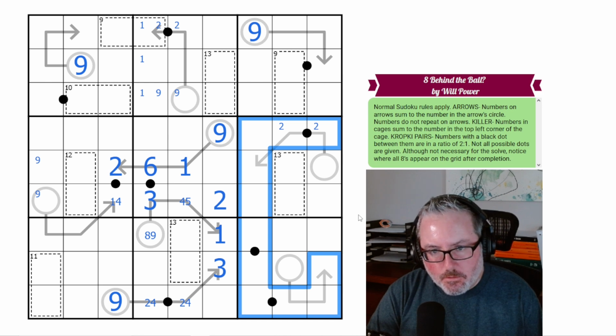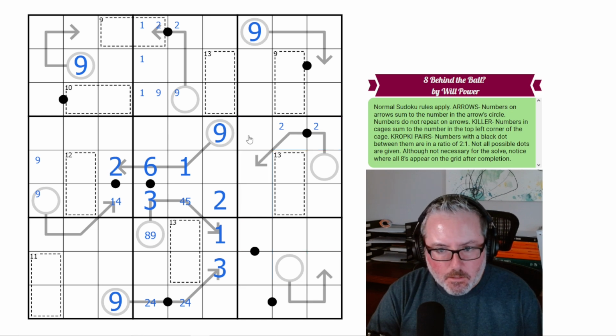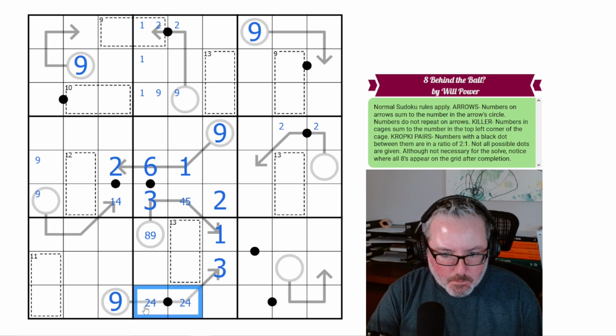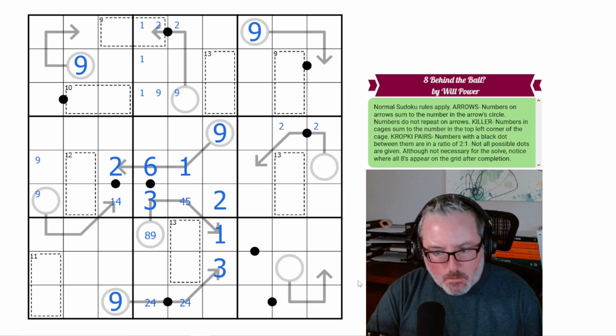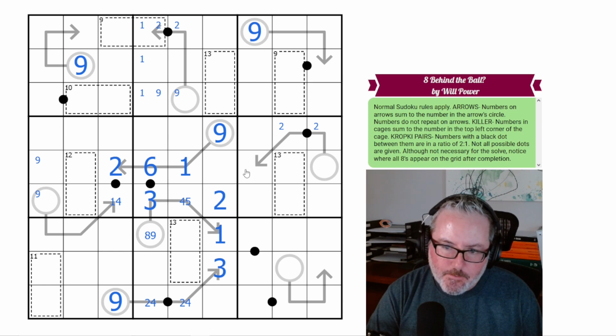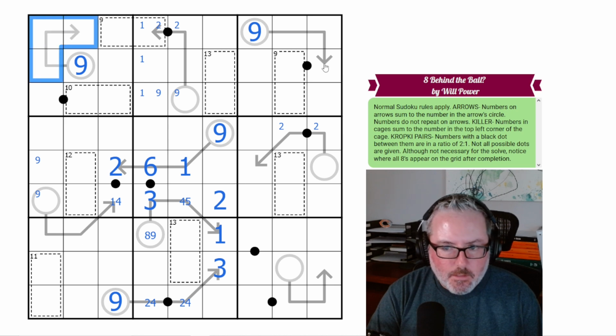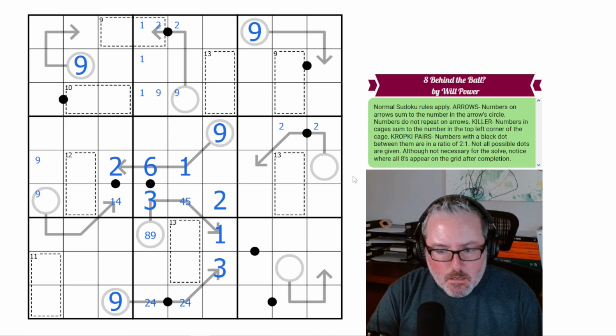Now, can we continue with our 9s, but maybe not in quite so an obvious Sudoku fashion, similar to what was done down here? Is there anything we can say cannot occur on any of these lines that would force 9 to go in, to continue to do what it's doing and going into each of these arrow circles?